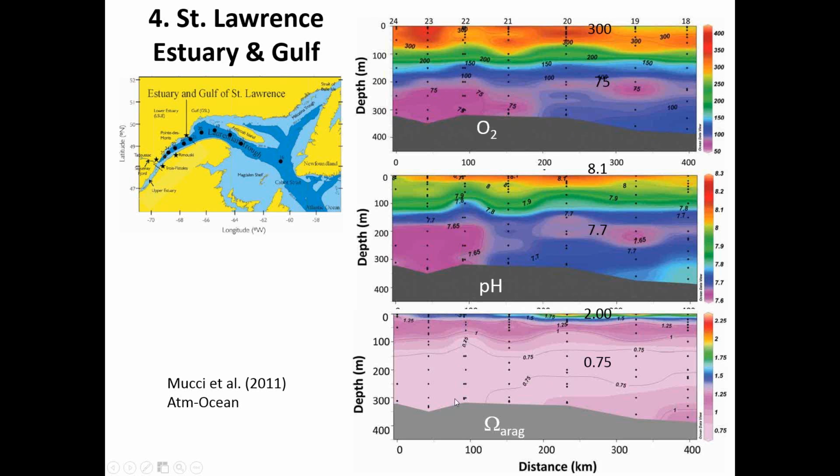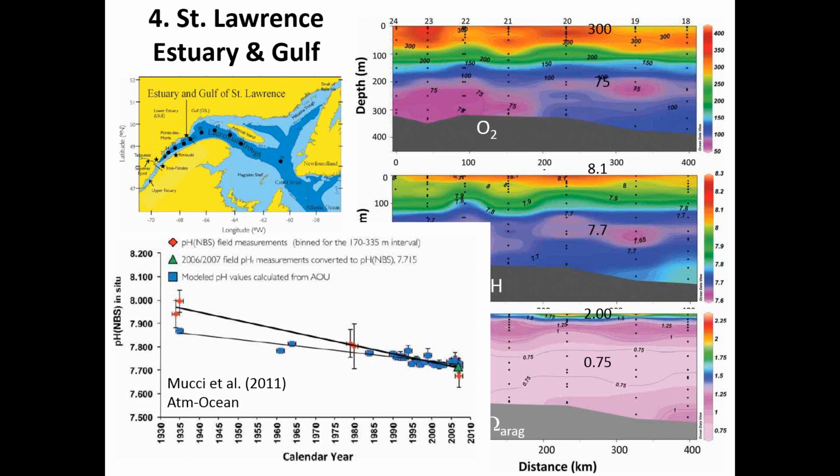Now this doesn't look like the exact same pattern as oxygen and pH. That's because saturation state is mainly determined by carbonate, but in the estuary you also have calcium concentration change, and also he somehow chose different color scales, so you don't really see that exact comparison.